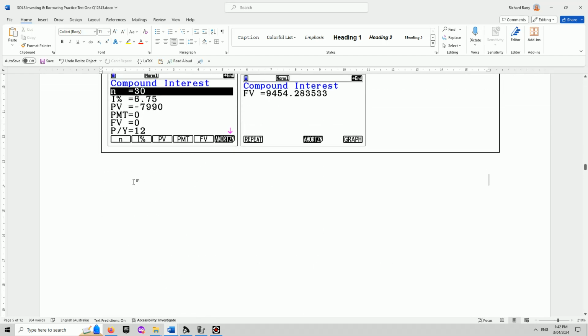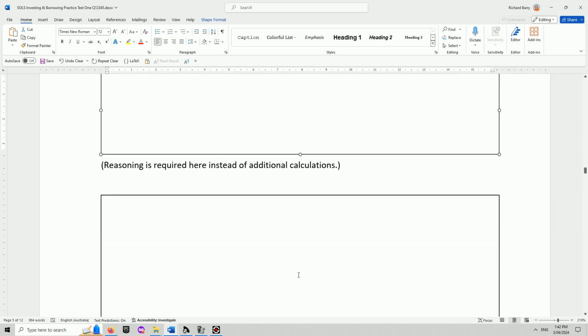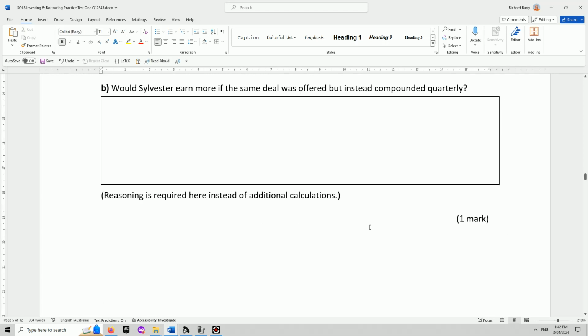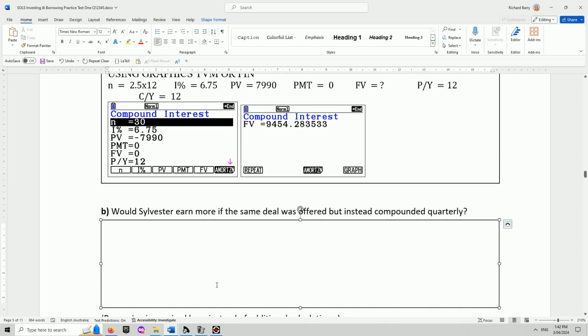This question has multiple sections. The second section is almost a word question. I could do the same thing on a calculator, which I will do, but the idea is if it compounds less often, the interest will be less.